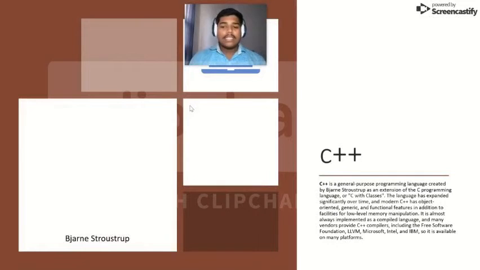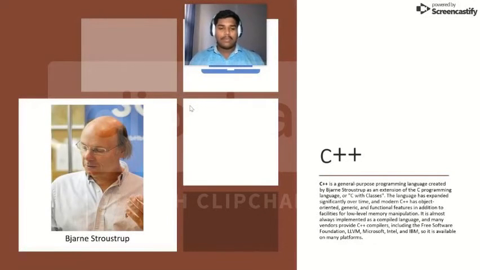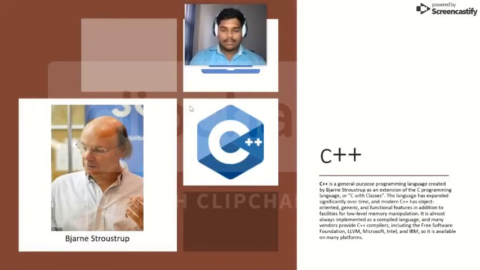C++. C++ is a general purpose programming language created by Bjarne Stroustrup as an extension of the C programming language, or C with classes.